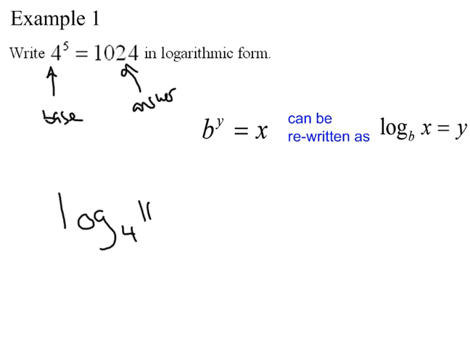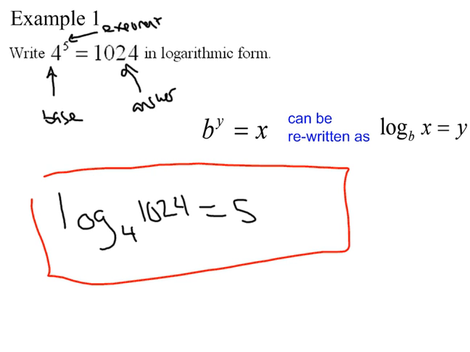That's 1024, and the exponent, which is 5, is going to go here. So 4 to the 5th equals 1024 can be rewritten in logarithmic form in this way.